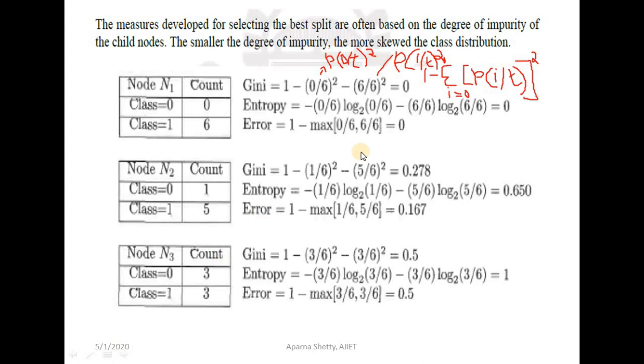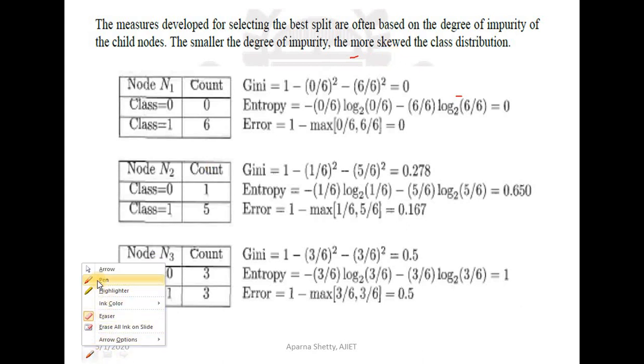So in the summation, the first iteration i will be 0. Let me write the formula for entropy.